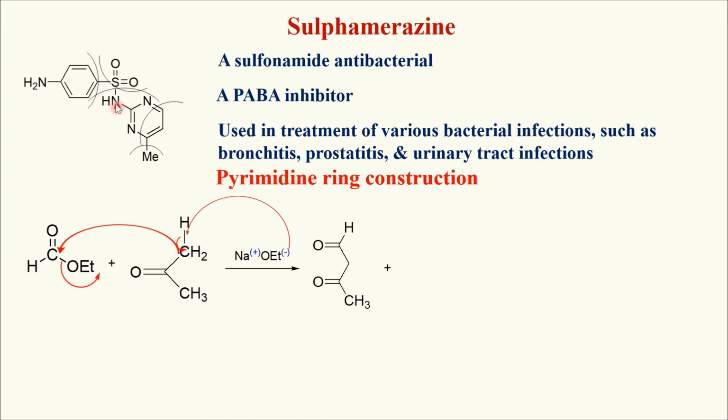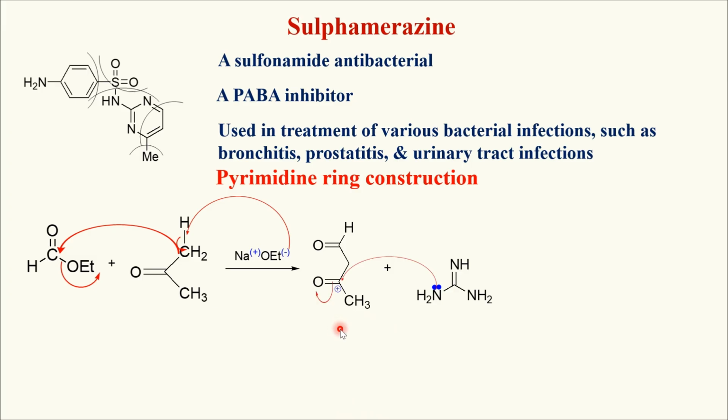I'll treat it with a guanidine group. NH2 C double bond NH2 is guanidine. The amino group is in sp3 hybrid form, so it has a lone pair of electrons. This lone pair can donate to this electron deficient carbonyl carbon, and it has to maintain its tetravalency, so the pi electrons move on to oxygen.